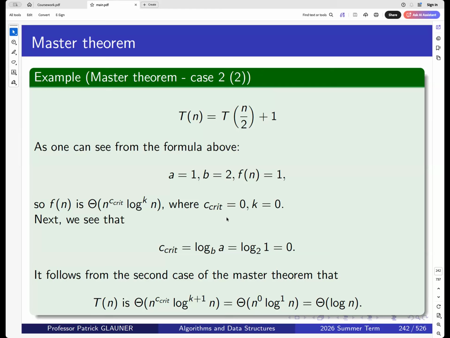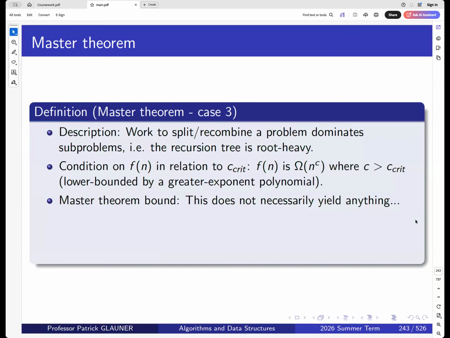I have the solution here, but you can try this during the weekend as a homework. And the good thing with the master theorem is also, it's not just a structured approach, but it gives us a theta, which is much more insightful than an O. So the theta is actually very helpful. And this comes as an extra benefit with the master theorem. But try to solve this example at home.